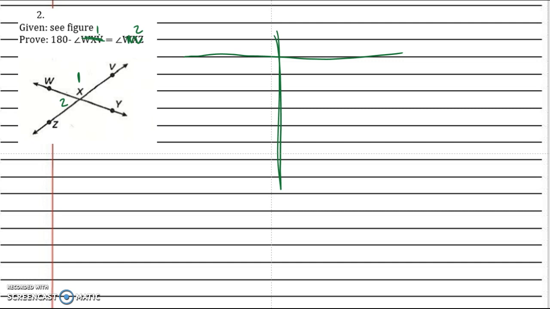So I'm thinking that if I want to say something about 180, I probably should say that these angles are supplementary. And if I'm going to say they're supplementary, I really have to work on the fact that they're a linear pair. So I'm going to say angle 1 and angle 2 are a linear pair.